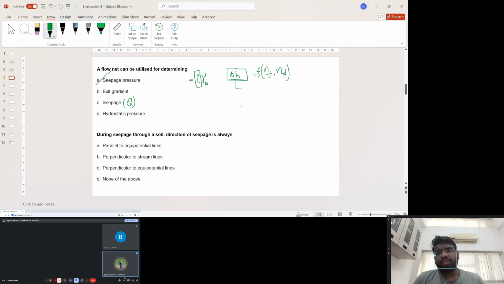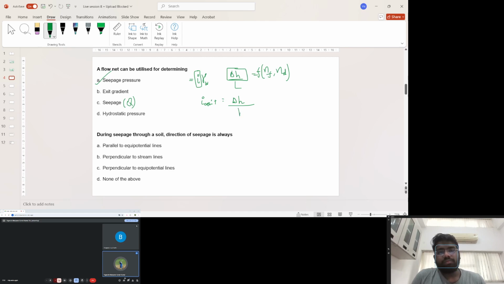And coming to the exit gradient, i exit depends on delta h by the flow dimension of the exit flow channel or exit flow grid.